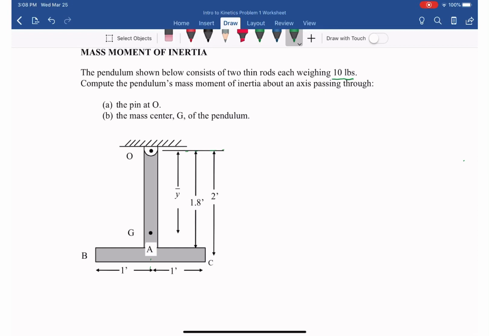Compute this pendulum's mass moment of inertia about an axis passing through O, perpendicular to the screen, and through the center of mass of the pendulum G, which is located y bar from O. So we need to find y bar, where the center of mass of this composite body is.